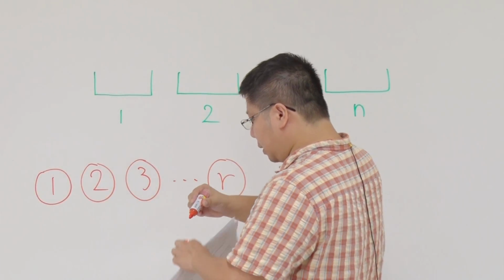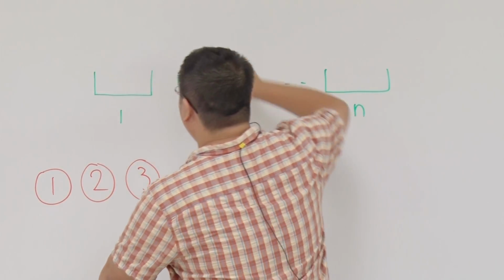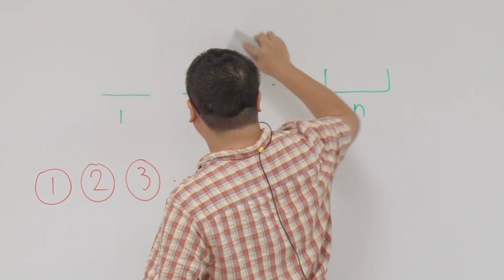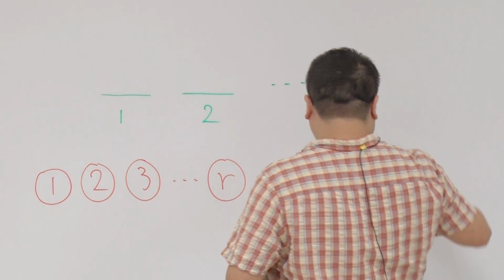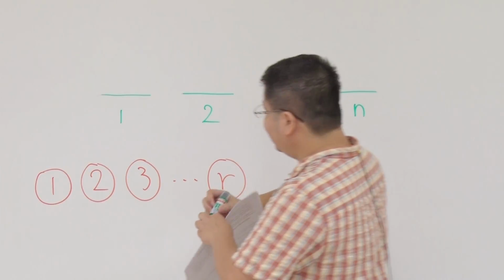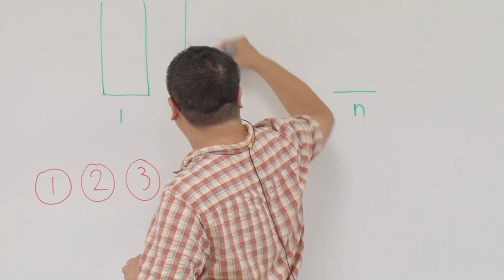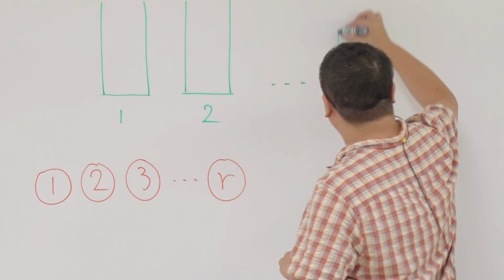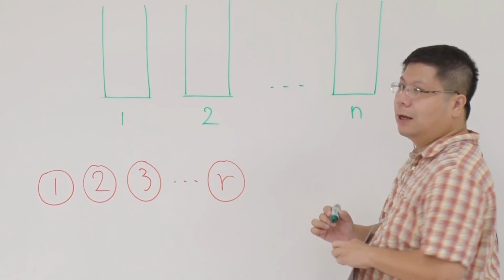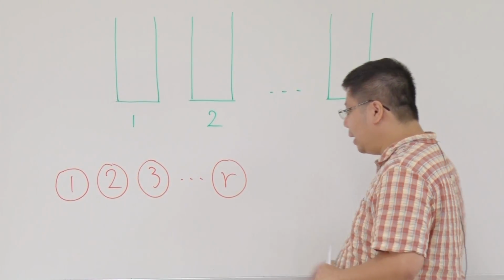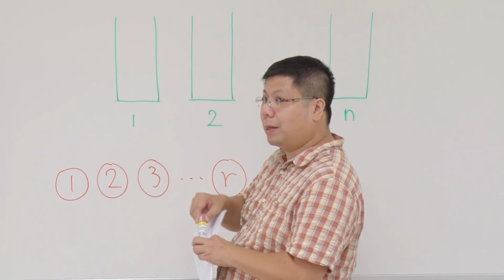In this way, this box is actually very narrow. It's not like a fat box, it's rather like a tube. So if you put the balls inside, there will be ordering among the balls.